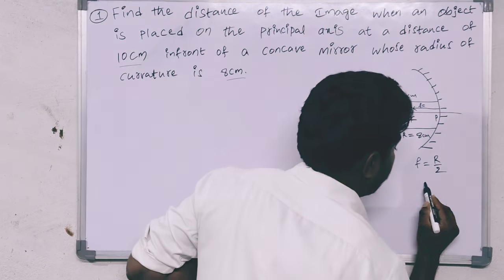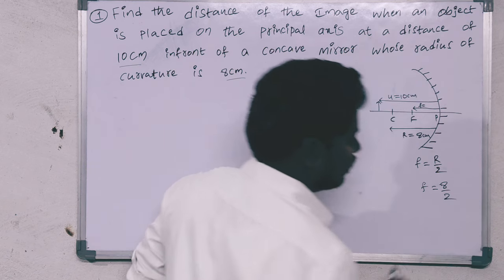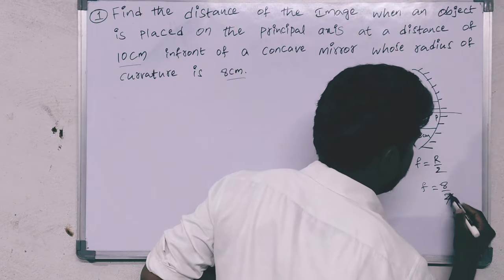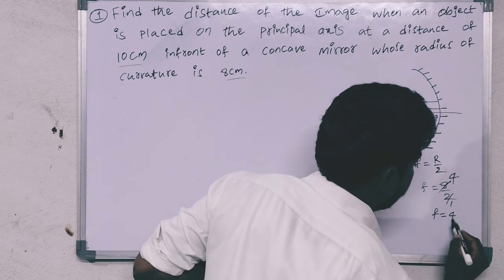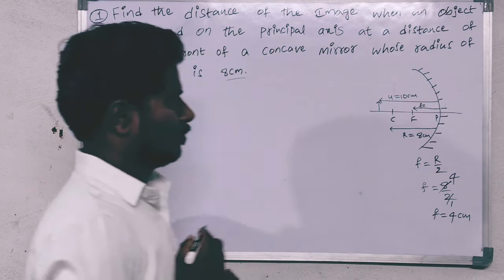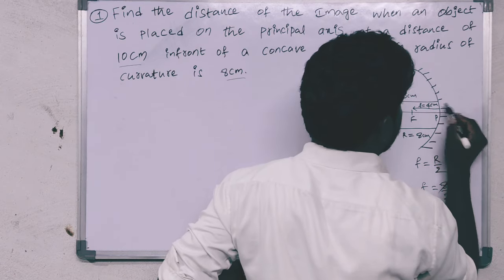So radius of curvature is 8 centimeters divided by 2. 2 ones are 2, 2 fours are 4. So focal length is 4 centimeters. So now write the 4 centimeters.